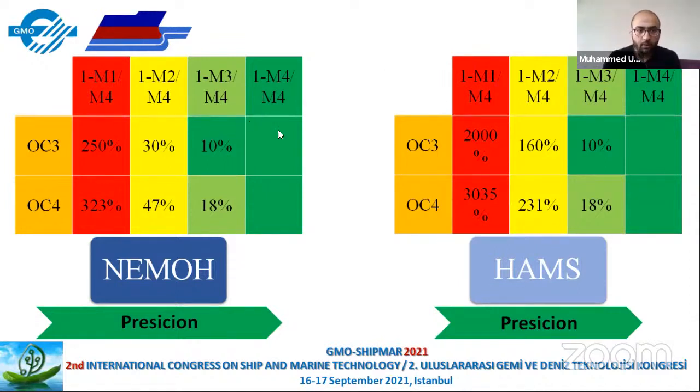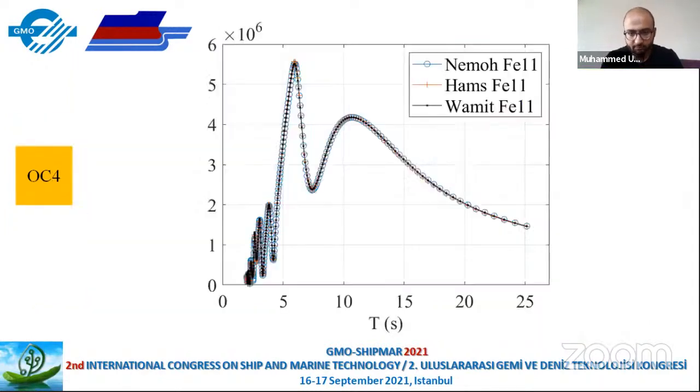For NEMO, for the coarsest meshes, it's better in convergence than HAMS, because HAMS gives a coarser and rougher estimation for the initial coarse mesh. But for finer and finer meshes, the precision is the same with NEMO and adequate for these numbers.